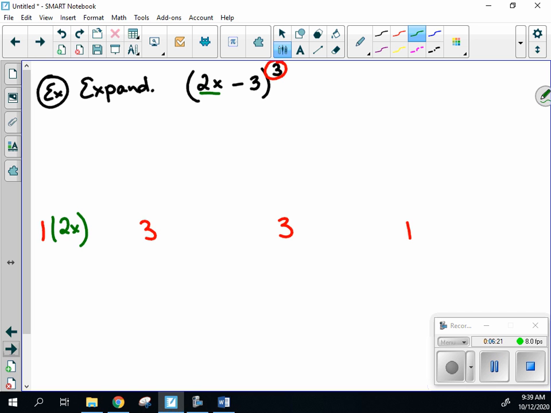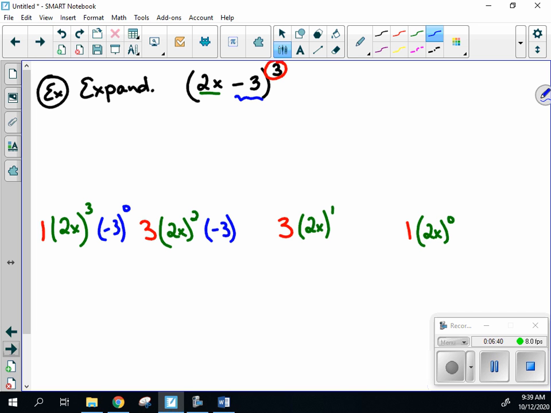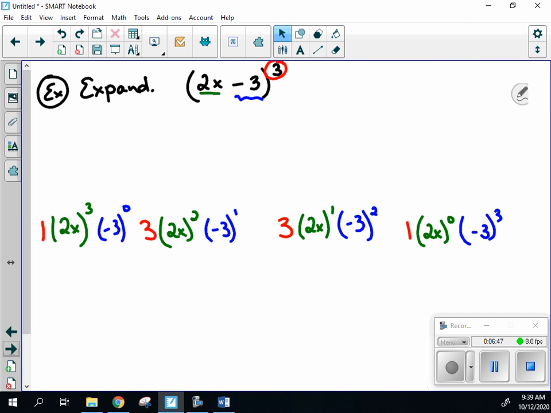Notice I'm listing this in parentheses. We're descending in order, so 2x cubed, 2x squared, 2x to the 1st, 2x to the 0, and then that negative 3. I am ascending in order. And then I have my breaks in between.